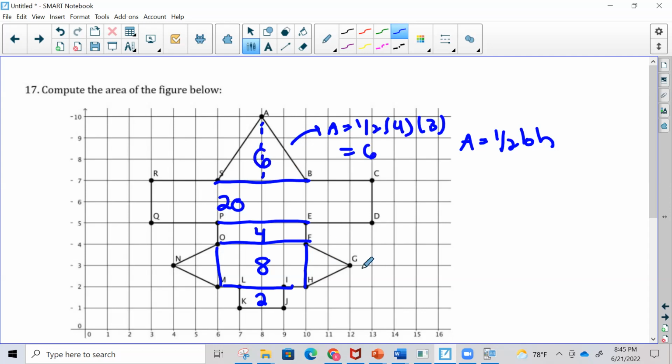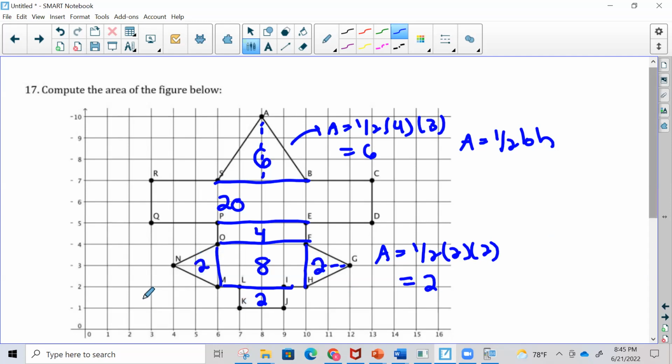Okay, these here, FHG and NOM are the same. So they would be 1/2. The base here is 2. And then this again is the height, which is also 2. So that gives me 1/2 times 2 is 1, times 2 is 2. So this area here is 2, and this one is 2.